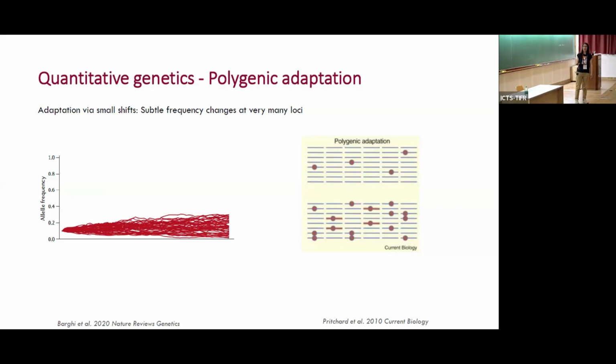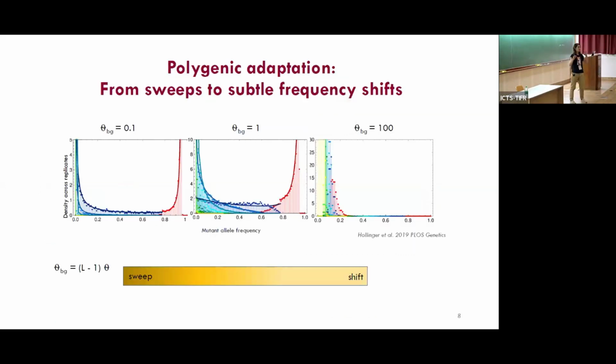But I think it has been clear after Nick's talk that these two, basically large allele frequency changes and small shifts, are the two ends of the same spectrum. And I think we're going to hear from Joachim tomorrow that the results show that adaptation can actually occur throughout this spectrum.